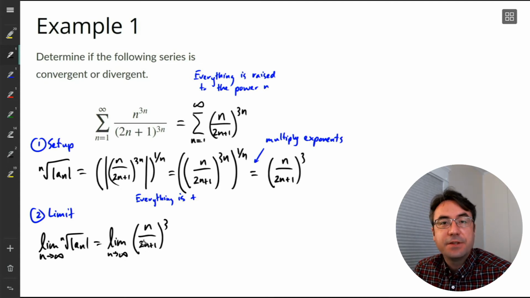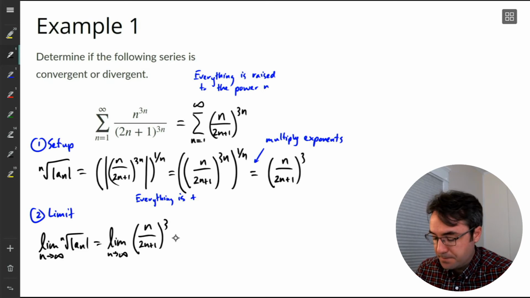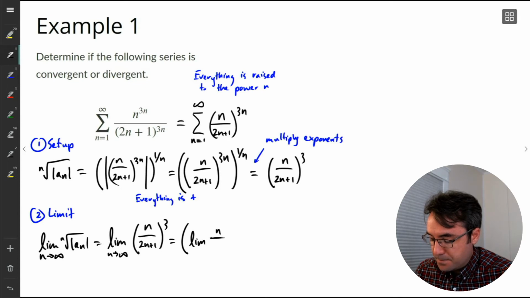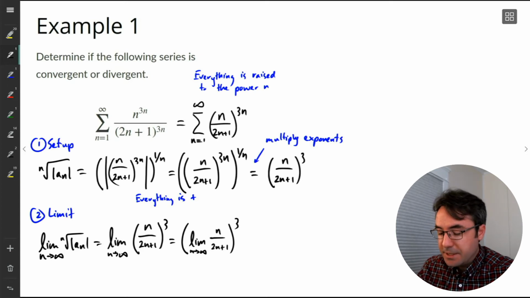Now we have this thing being cubed. The cubed function is continuous. So we can bring this limit inside the cube function. So that's a continuous function.